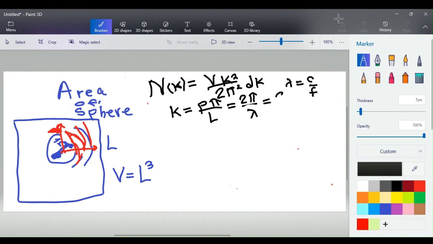So that's going to be 2 pi F over C. And then dk is going to be equal to not 2 pi F over C, but 2 pi over C df.